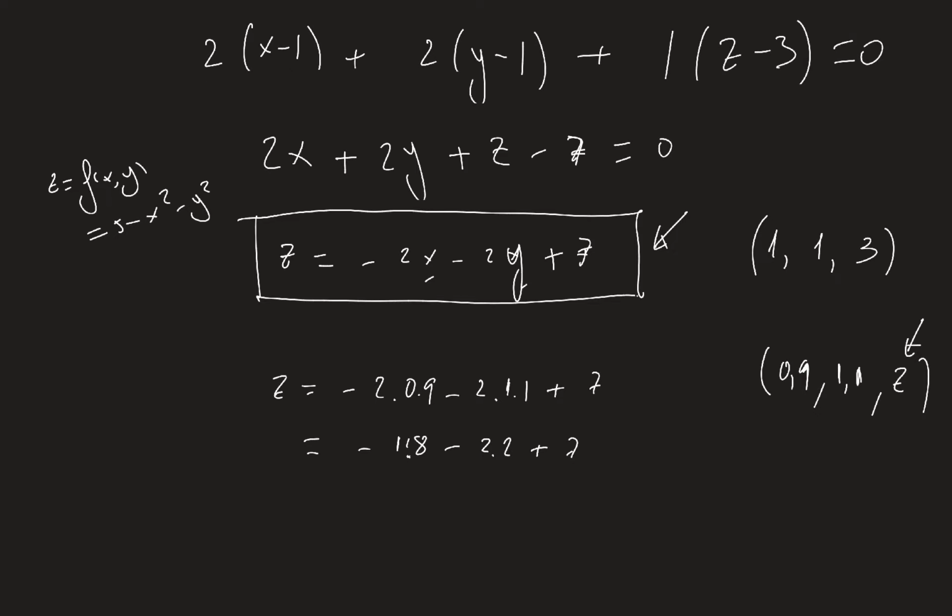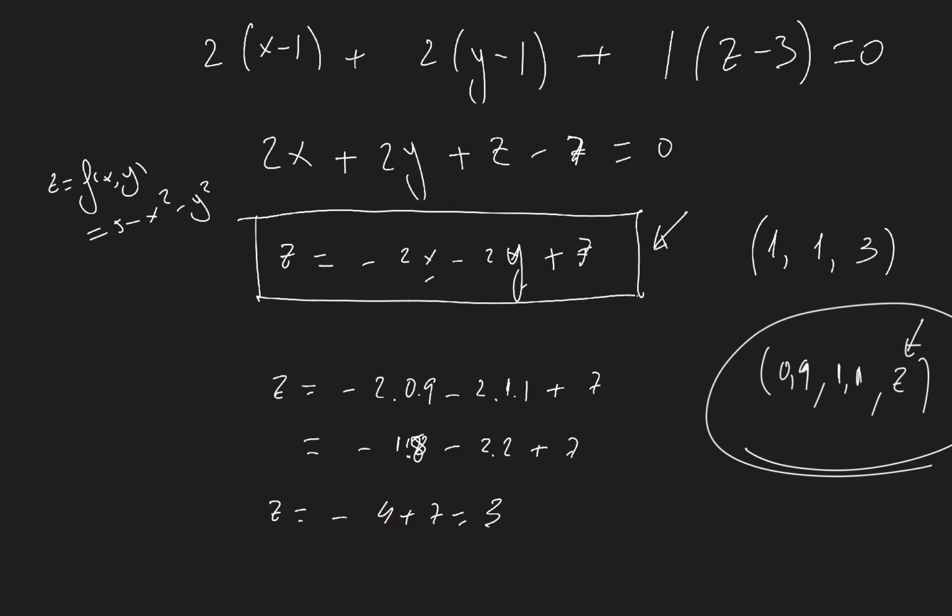So minus 1.8 minus 2.2, this is minus 4, plus 7.